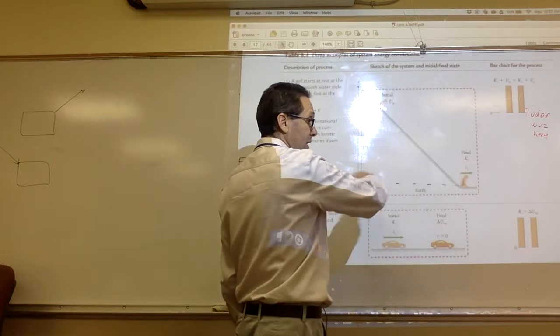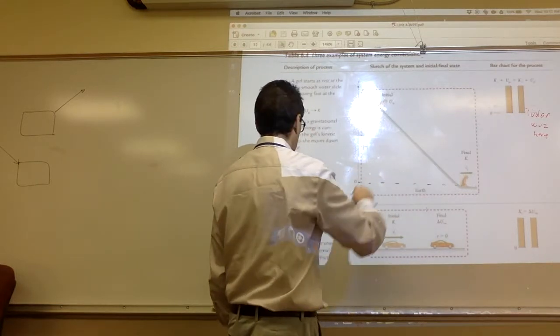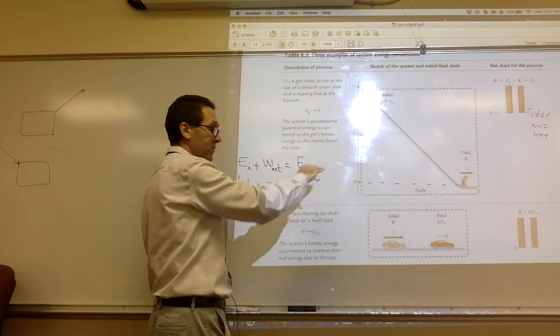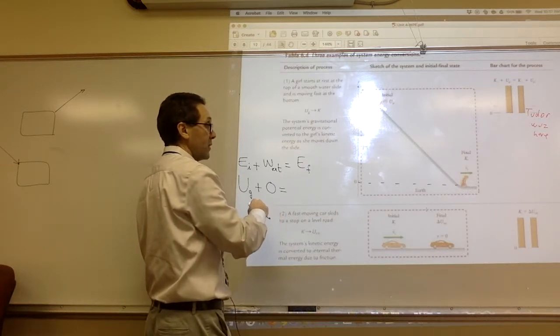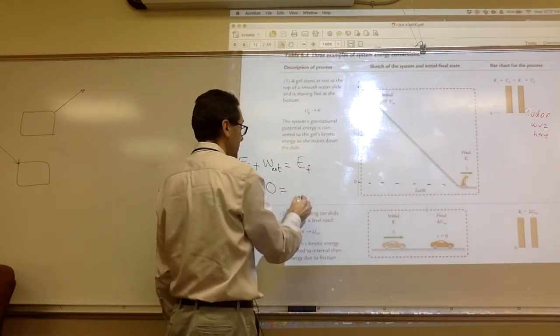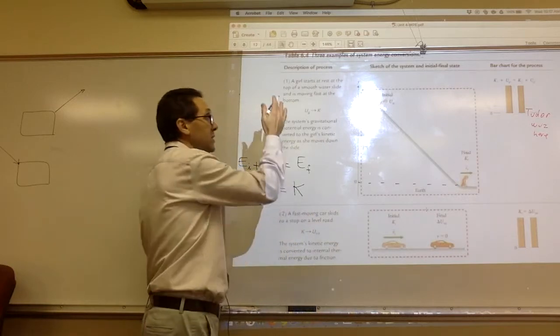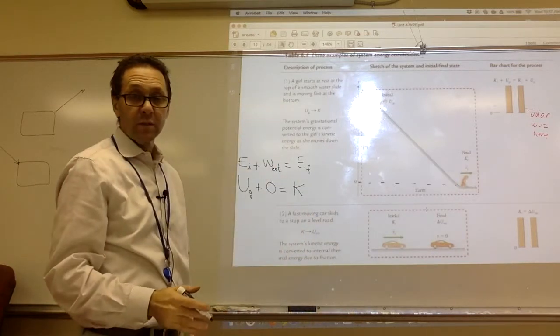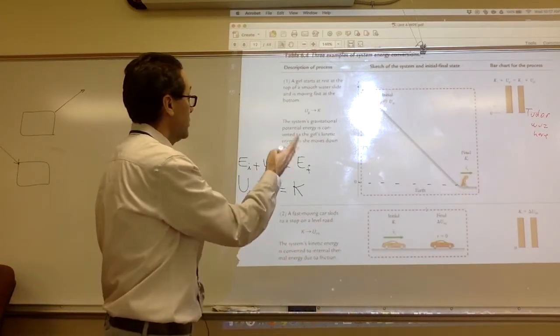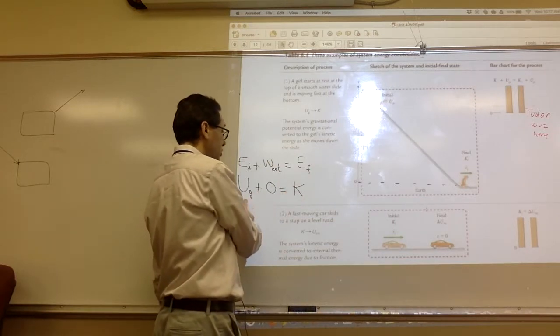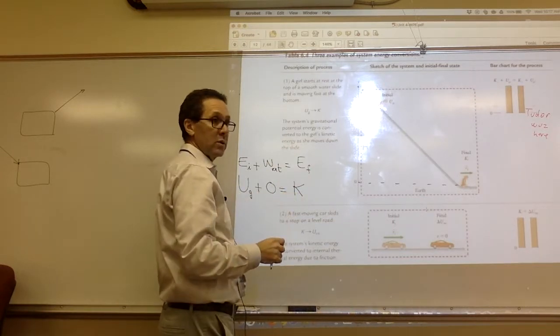Which means she has no gravitational potential energy, okay? Because she's right at the reference. And the only thing that's happening here is that she's moving. Now, this is a frictionless surface, right? Assuming that it's a frictionless surface. Now, basically, gravitational potential energy now is equal to kinetic energy.